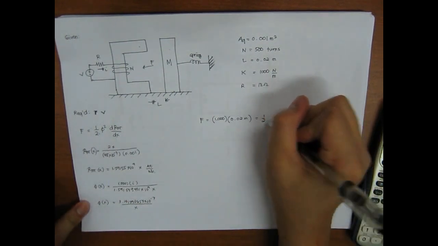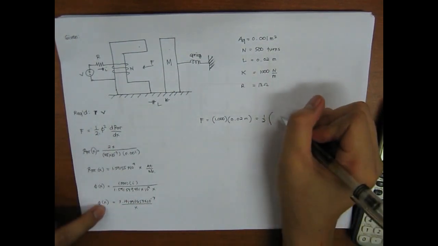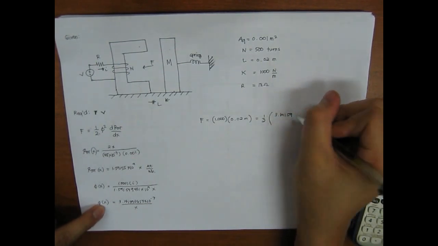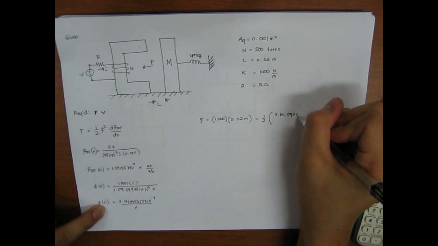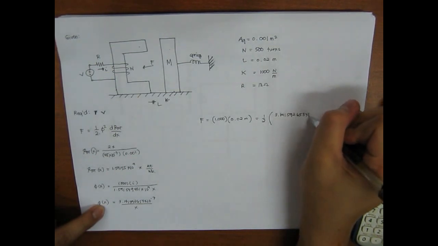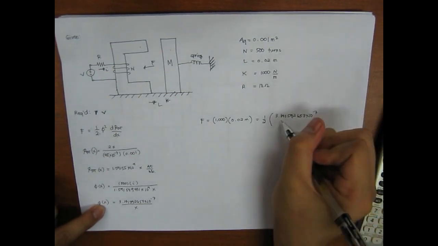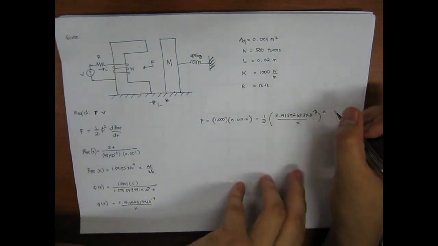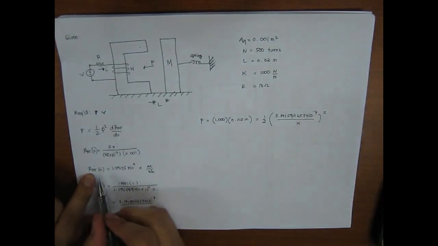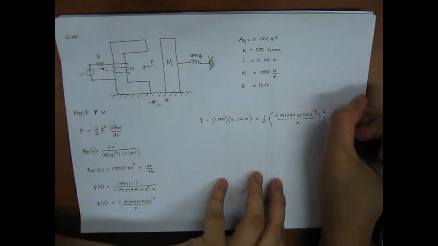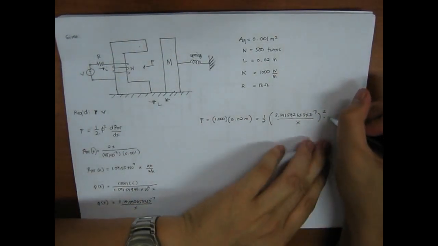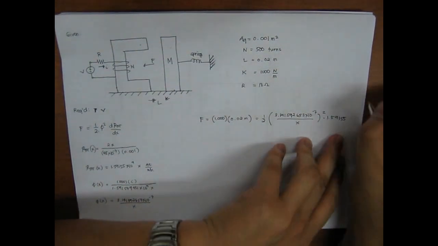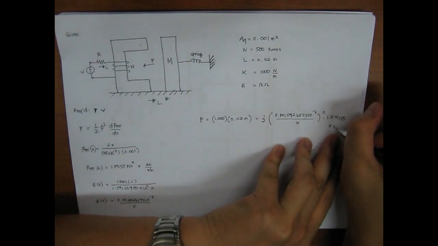We have 1/2 times flux, 3.141592653 times 10 to the negative 7 all over x squared times the derivative of this expression. That is simply 1.59155 times 10 to the 9th.